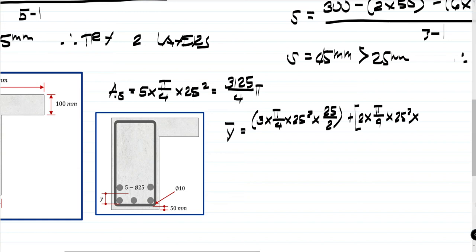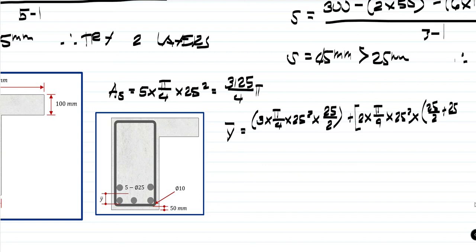So that is times 25 over 2. Then yung space in between the two layers, so that is just 25. Kasi yung main bars natin is 25. So syempre, ang gagamitin natin dyang spacer will be 25 mm. So that is plus 25.